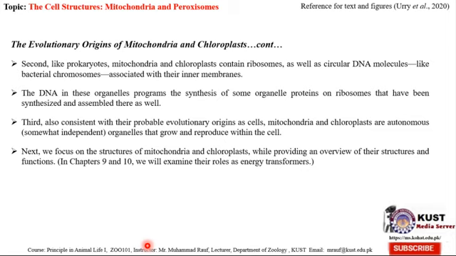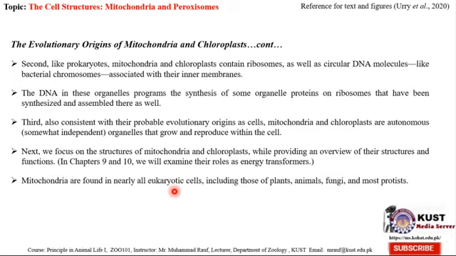Now we will focus on the structure of mitochondria predominantly, how it looks and how it performs the function it is made for. Mitochondria are found in nearly all eukaryotic cells, including those of plants, animals, fungi, and most protists.